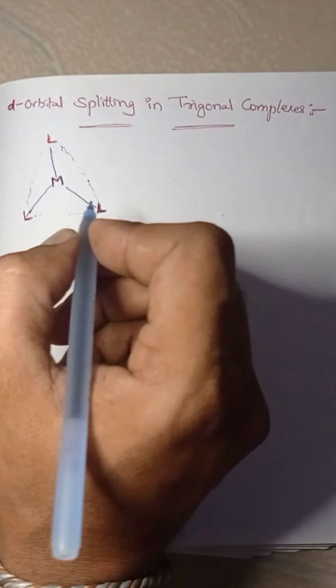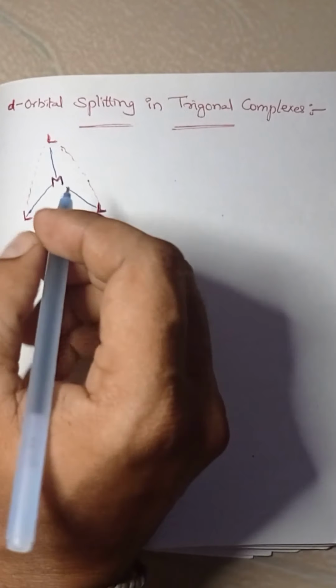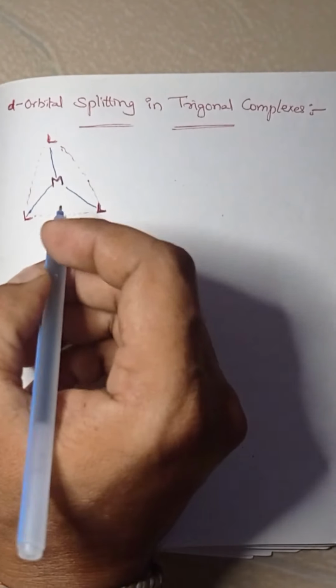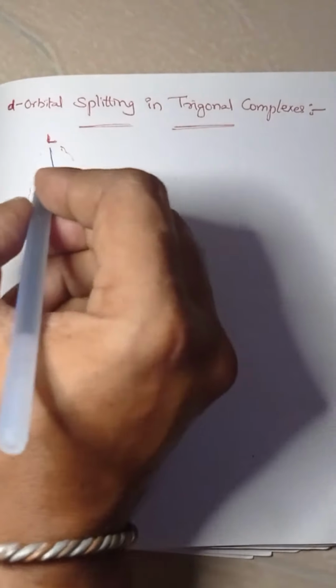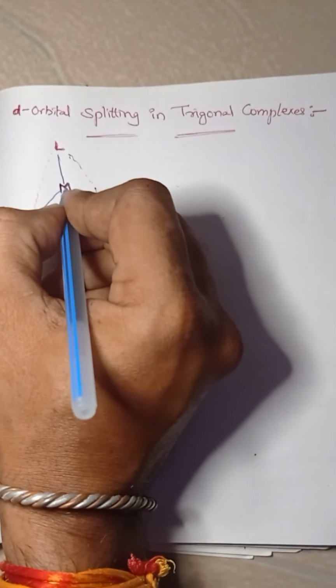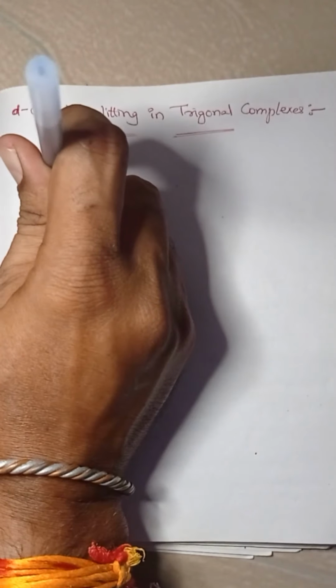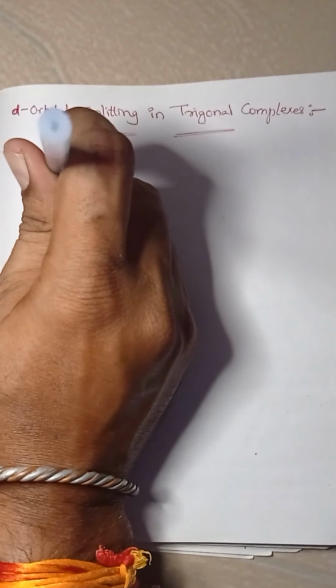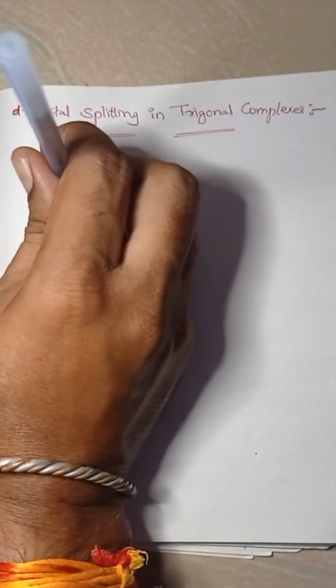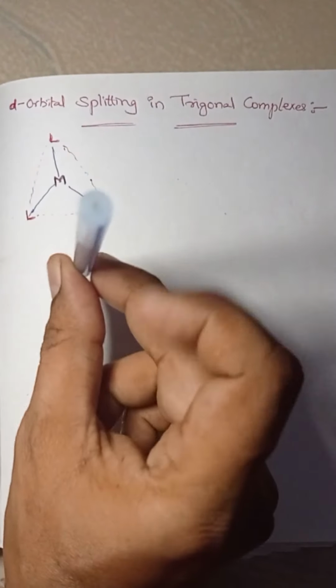And here, when we incorporate the coordination axes x, y, z, the z axis is passing above the trigonal face and below the trigonal face, right? It looks like the pen, right?